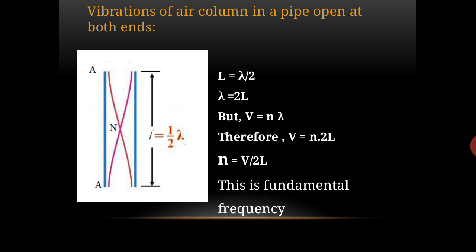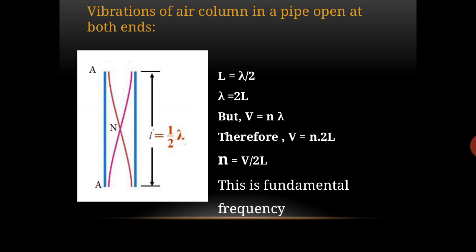Here capital L is equal to lambda by 2, meaning the length of the air column is lambda by 2. Hence lambda is equal to twice L, but we know V is equal to n lambda. Therefore V is equal to n into 2L. Therefore the fundamental frequency is the ratio of the velocity of sound to twice the length of the air column.